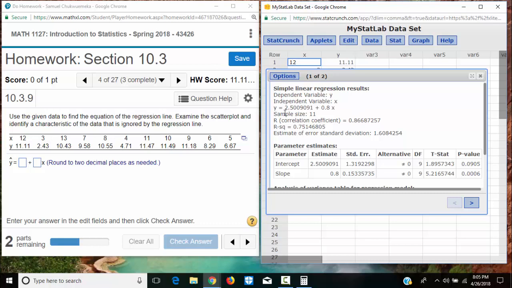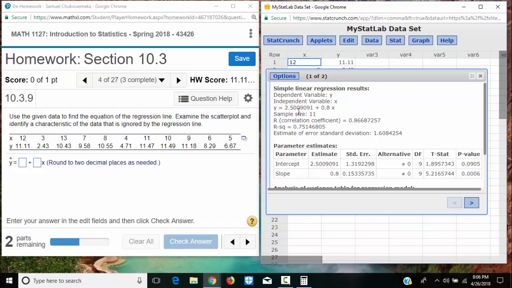Some textbooks, your textbook is writing it as y equal to b plus mx. But I know you're familiar with y equal to mx plus b. It's the same thing. The coefficient of x is your slope, which is 0.8. And the constant here is the y-intercept.